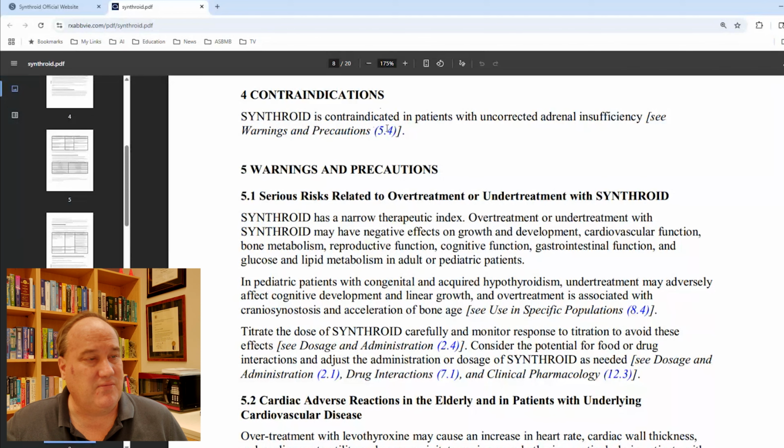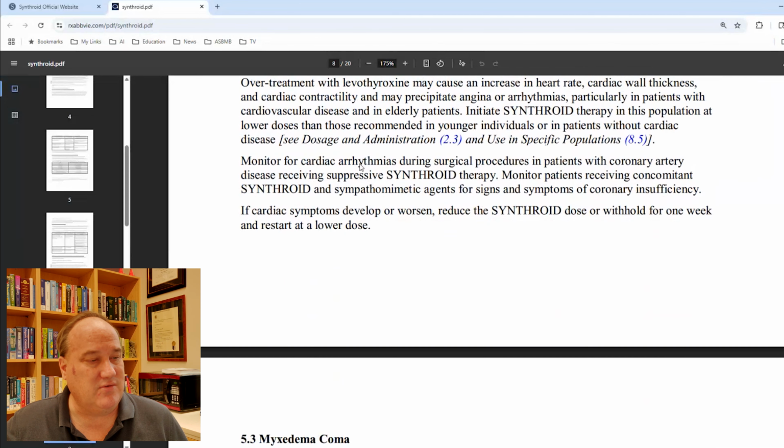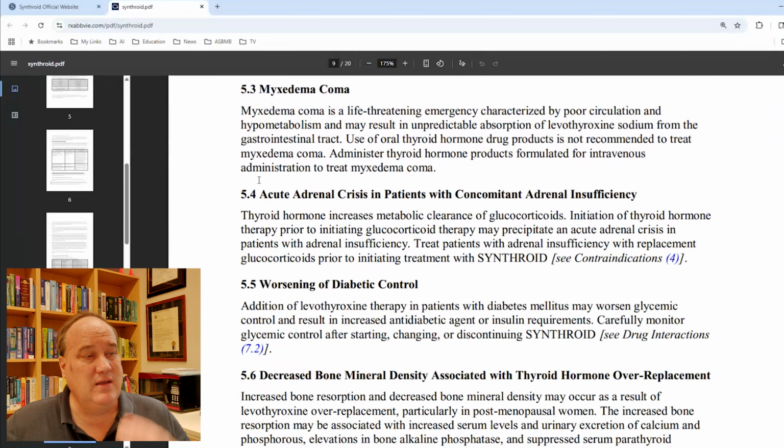And so that's under 5.4. So then we can jump down to 5.4, and this tells you full information about acute adrenal crisis in patients with concomitant adrenal insufficiency.